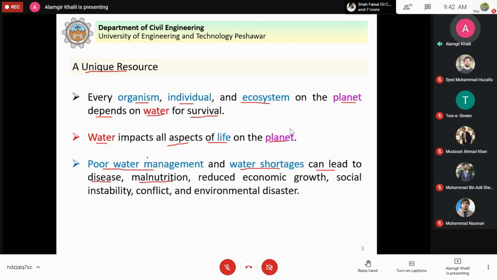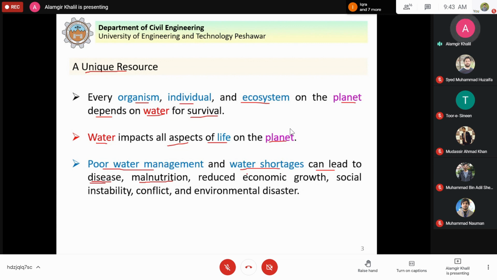Poor water management can also lead to disease if water stays at a place for a longer time. Then it can become a breeding place for mosquitoes. A simple example, and that's how it can lead to diseases.